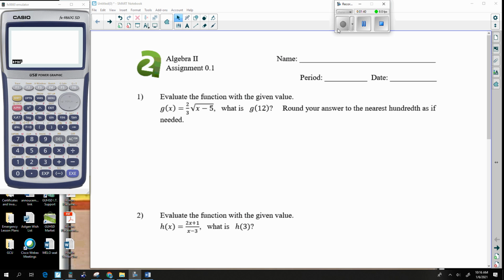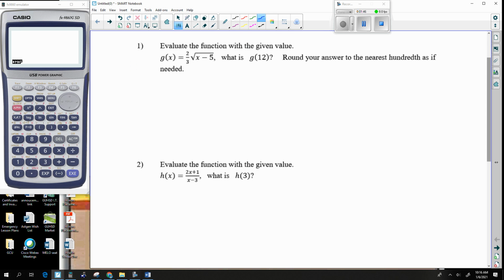Okay. So with that being said, I'm just going to walk and talk through this assignment, showing you how I take care of some of this stuff. So originally this thing is g of x. Notice what is taking place. This 12 is taking the place of this x.